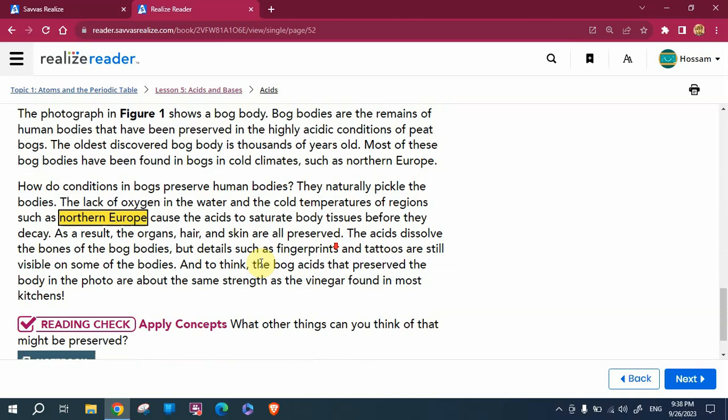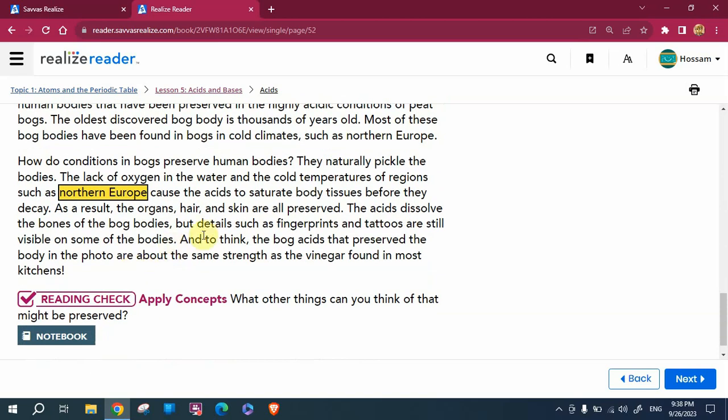As you know, there the temperature is very low, very cold weather. So these are the conditions that help in keeping the body of this human: absence of oxygen, very low temperature, and presence of weak acids like vinegar. So the body is kept for a long time.